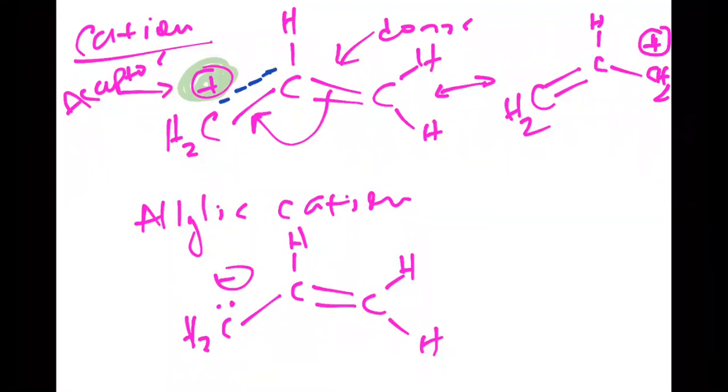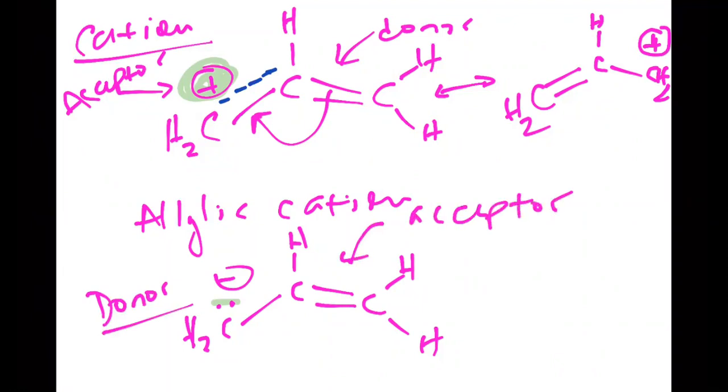Remember, if you've got a choice between a pi bond and a lone pair, you're going to pick the lone pair as your donor because it's more accessible. So that's my donor, and that makes the pi bond my acceptor. You following? Okay.